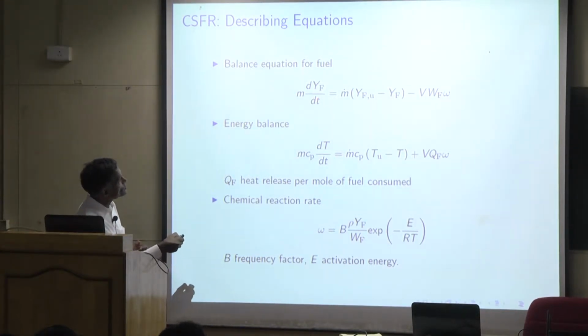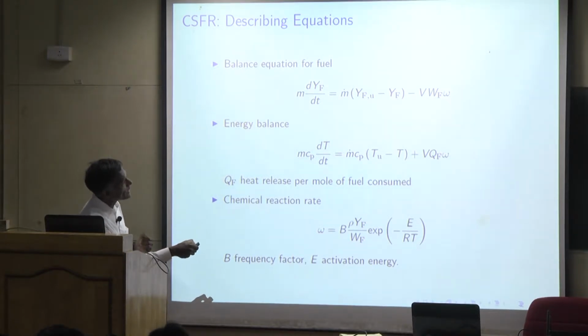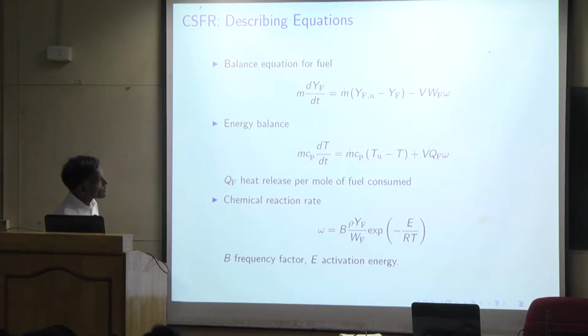So that contributes to the change. And this is the rate of conversion, the chemical reaction rate. So the net change of mass fraction of fuel in the reactor is balanced by convection in and out and chemical reaction. Now this is the energy balance equation.